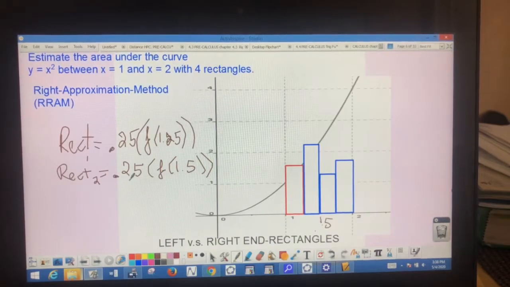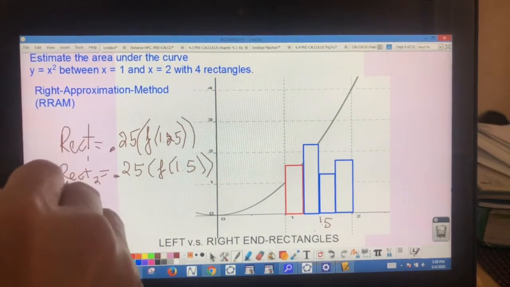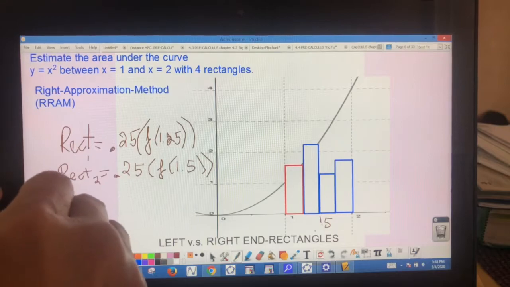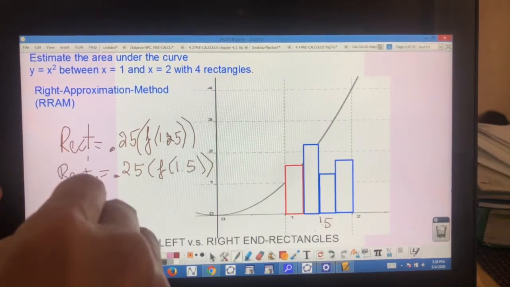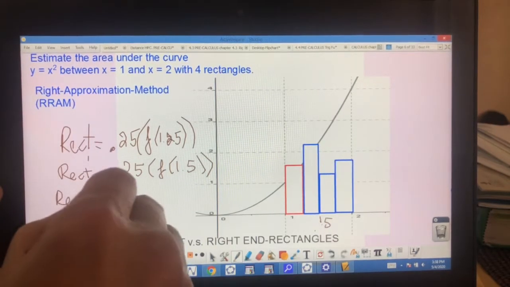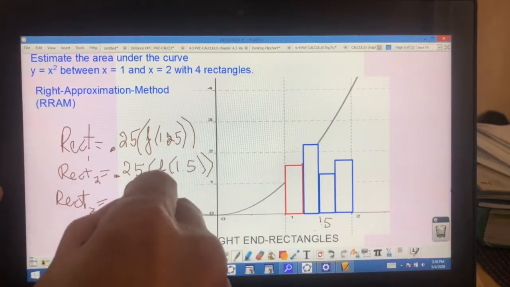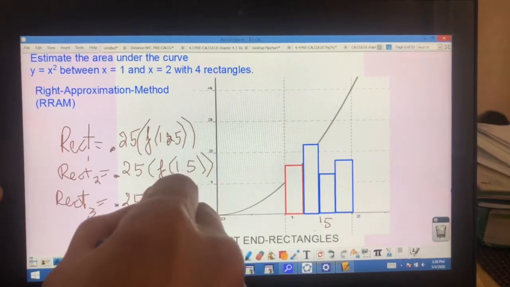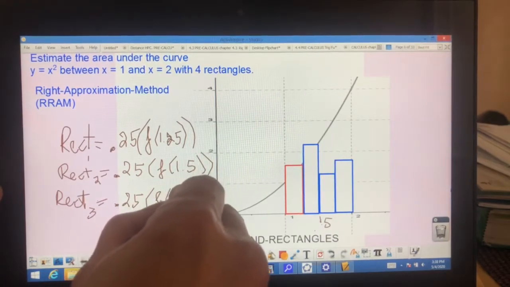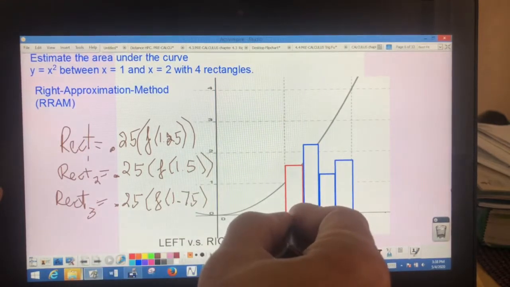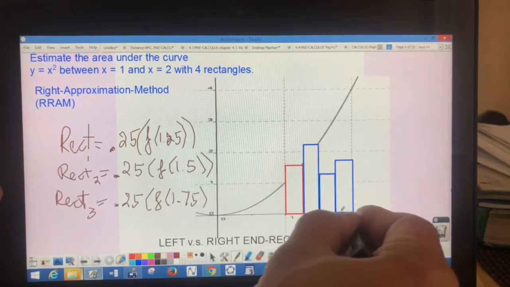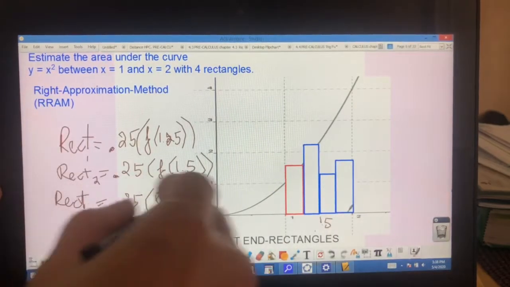And we'll repeat for the next 2, okay? The next 2 rectangles. So rectangle number 3, 0.25 times f of, this time should be 1.75, because each distance goes up by 0.25.